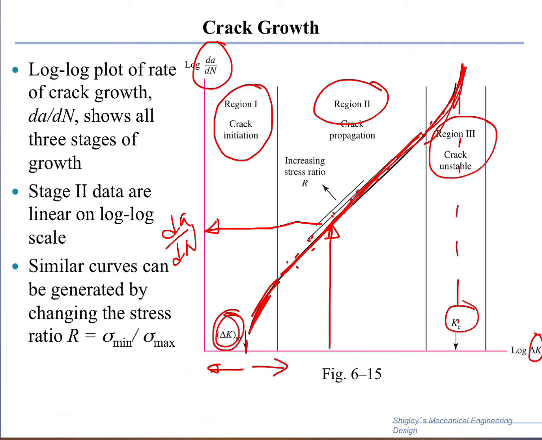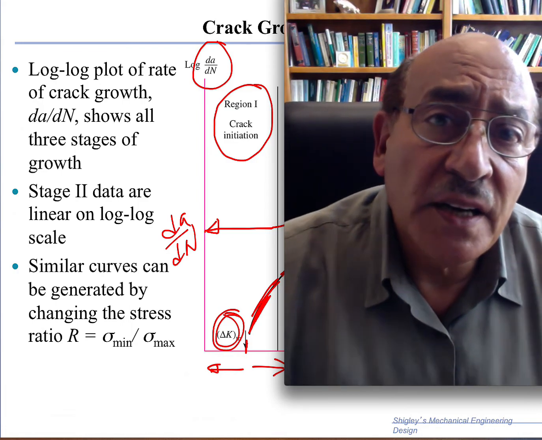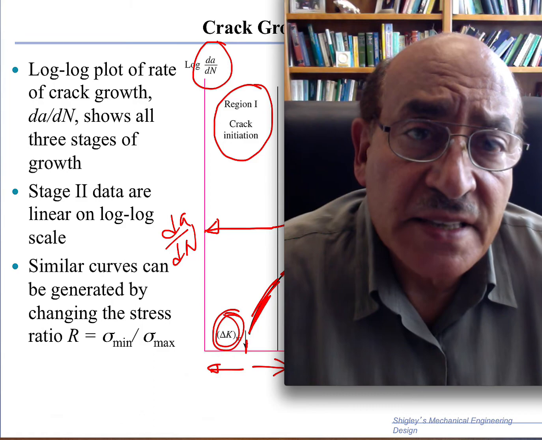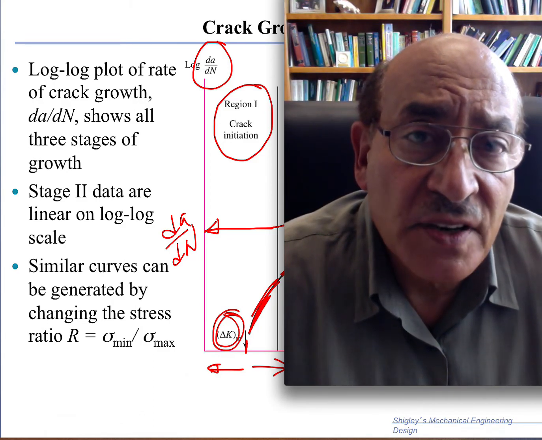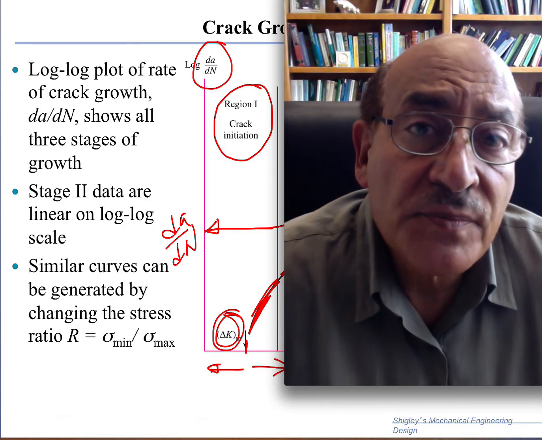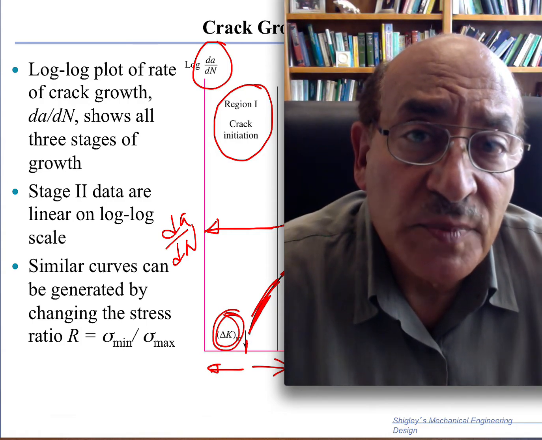If we want to find the lifetime, then we need to integrate dA by dN as a function of the number of cycles. So to determine the lifetime using linear elastic fracture mechanics, I need to represent dA by dN as a function of delta K. And delta K, as I mentioned, has three things in it: beta, delta sigma, and also square root of pi a.